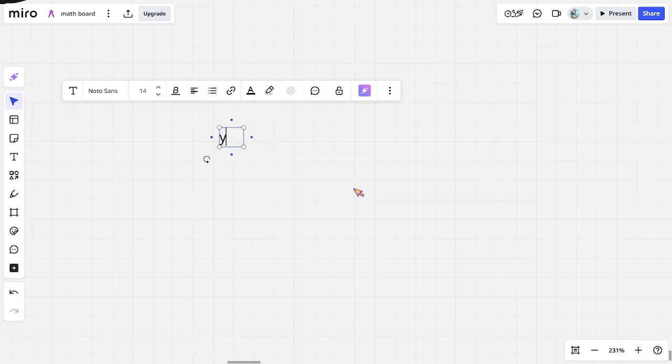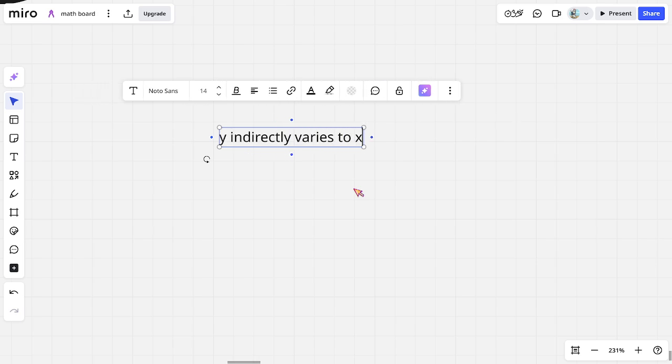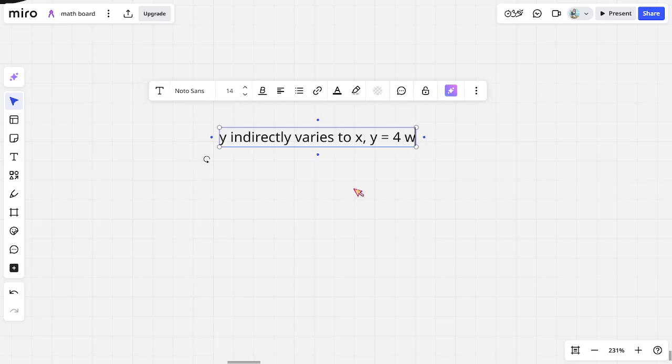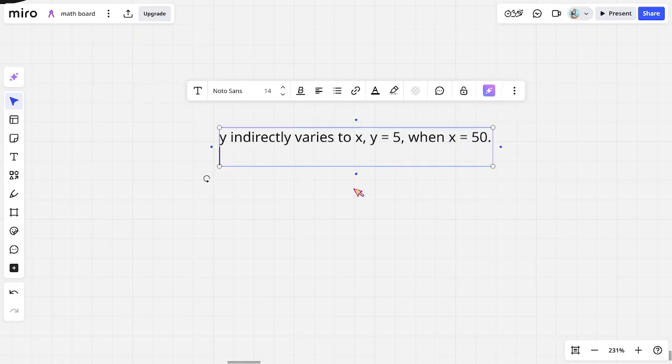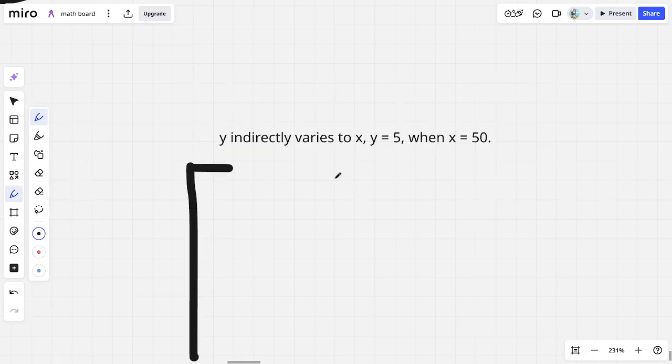Let's just start. y varies inversely with x. y is equal to 5 when x is equal to 50. Then let's have a table.